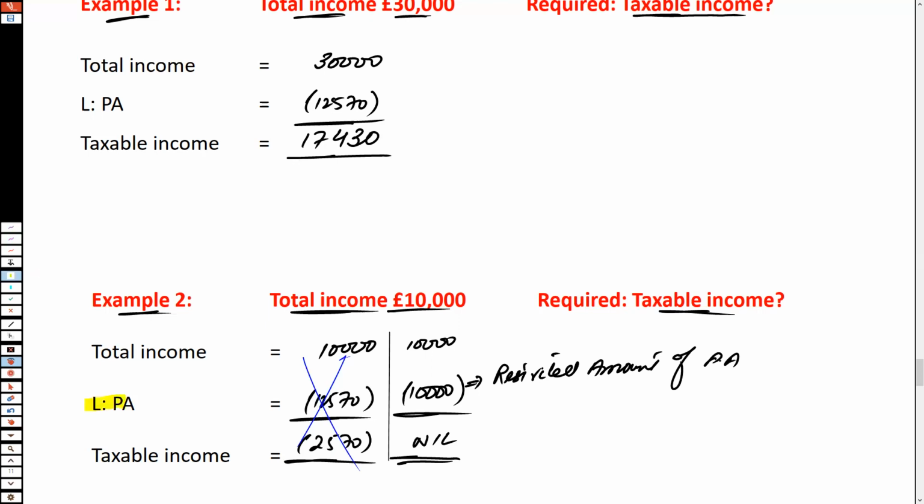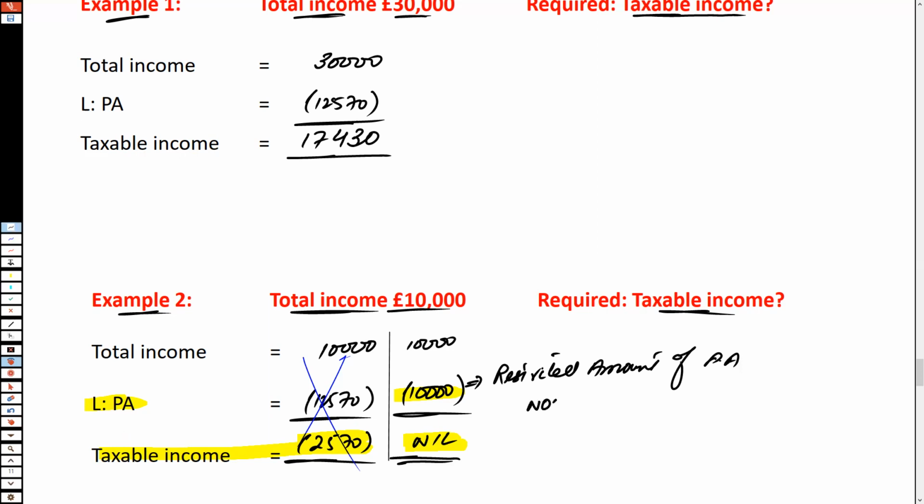Personal allowance can reduce your taxable income to nil, but cannot create a negative figure. Any sort of relief, any allowance, anything in taxation would lead from positive income to nil, but cannot create a negative figure.